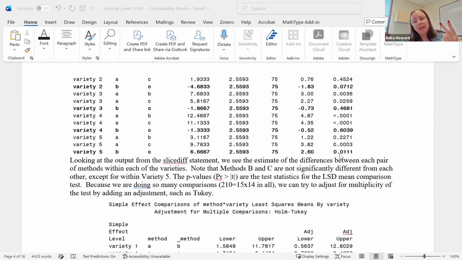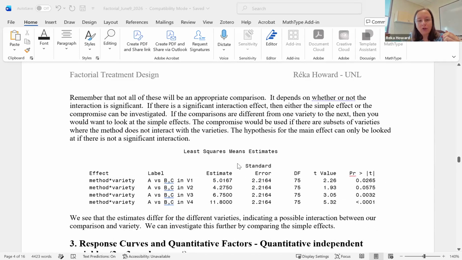If they are significantly different, I can't just average and say, oh, I want to average B and C and compare to A. So that's why in this output, variety 5 is not included when I am looking at the difference between method A and the average of B and C. So when you are putting these comparisons together, you really have to be careful what you can compare with and what you cannot compare.